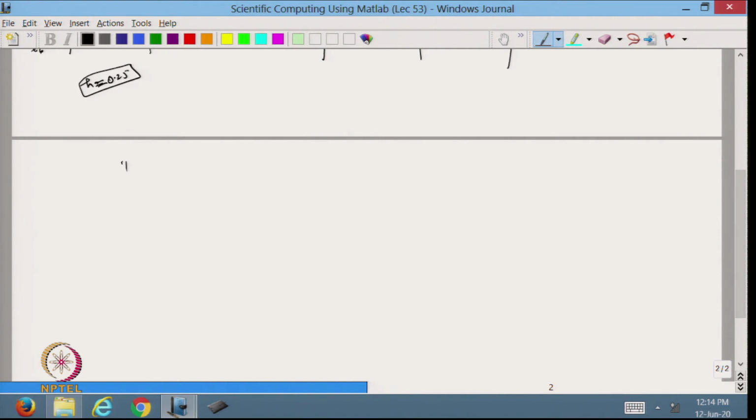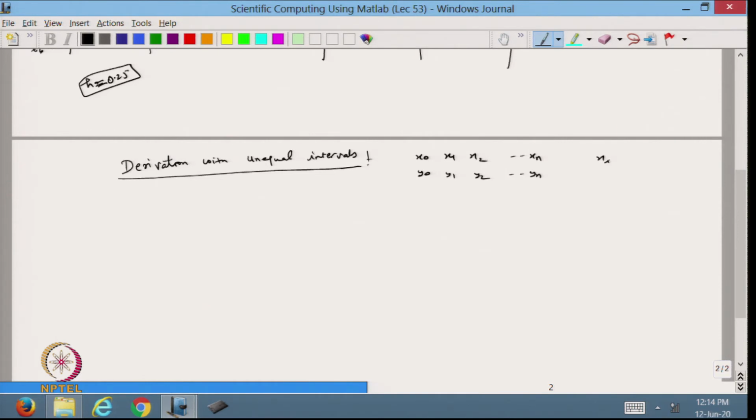Now I want to define the derivative with unequal intervals. So in this case I have x0, x1, x2 up to xn, and y0, y1, y2 up to yn, and xi minus xi minus 1 is not constant.